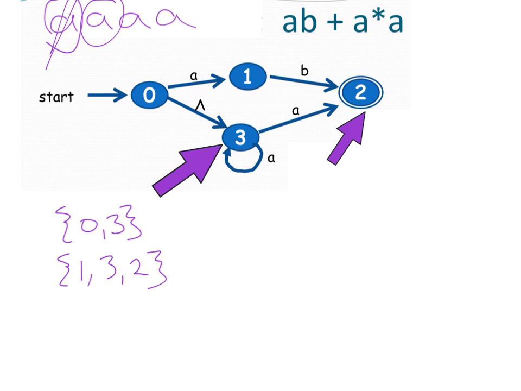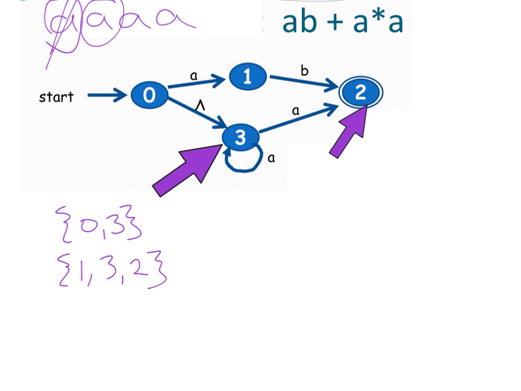So what can I do from state 2? The answer is nothing, because there's nowhere this guy can go. So we delete that guy. But then I say, where can I go from state 3? I could stay at state 3, or I could go to state 2. And so I pop an arrow back in there. So after I process that second A, I could be at state 3 or state 2.